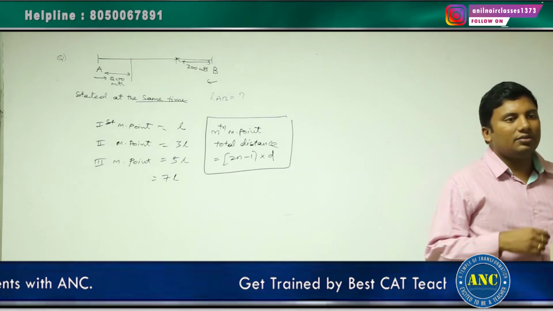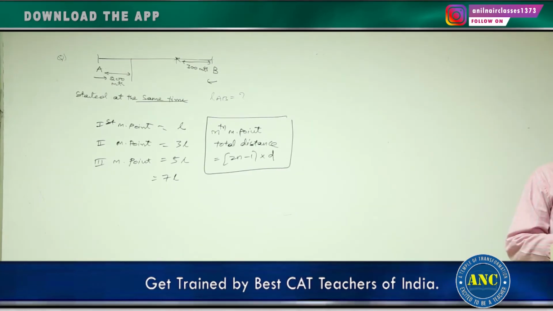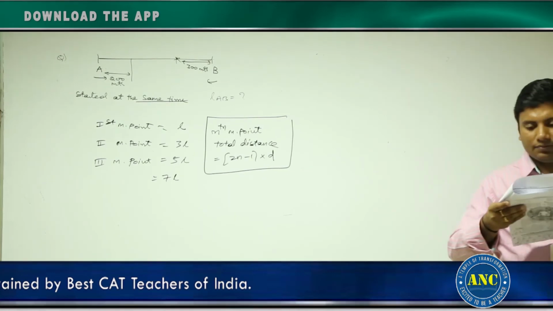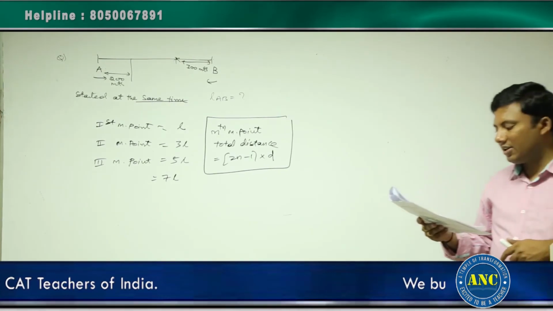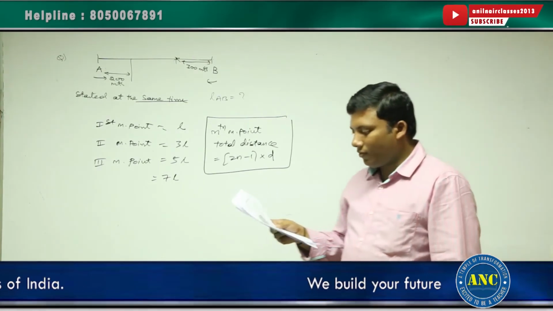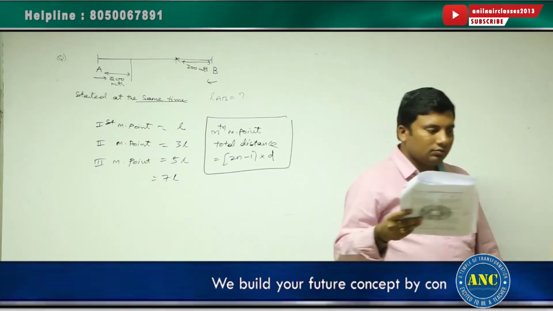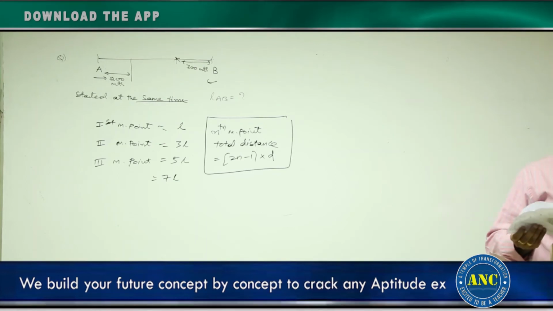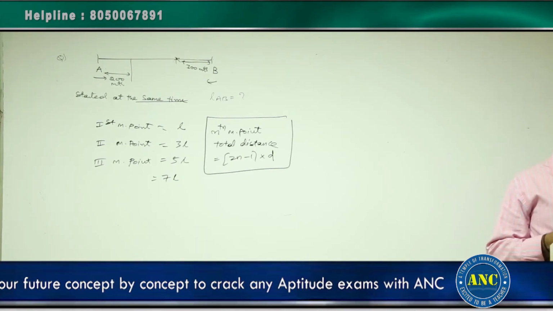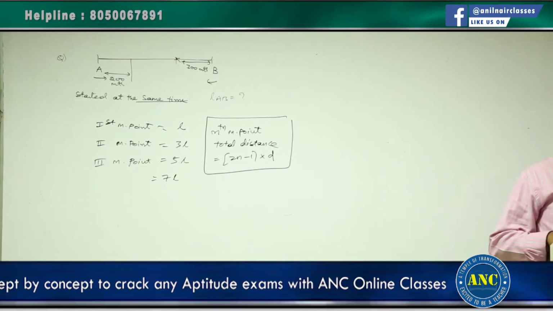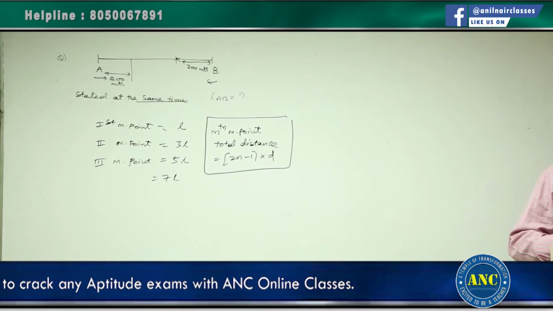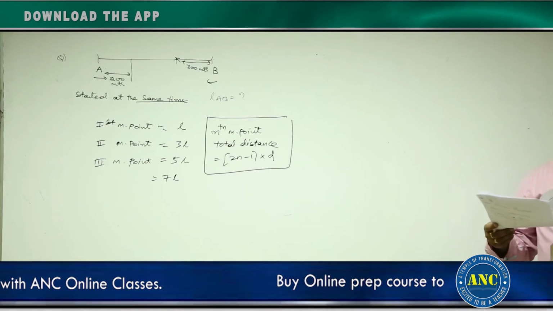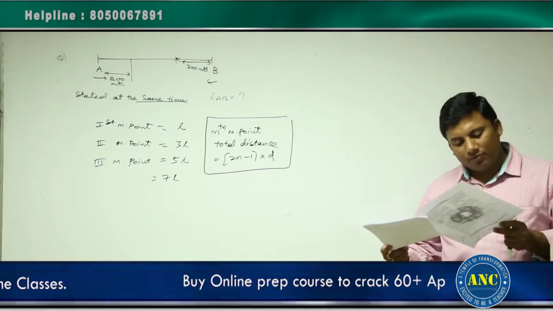Which question it is, sir? 38. I think 38, it is 700. In this, there are some very easy questions, sir. You can directly solve these questions in arithmetic workshop.